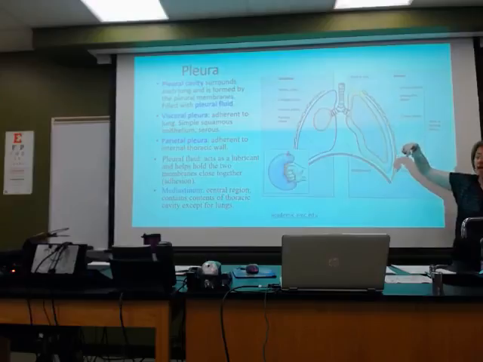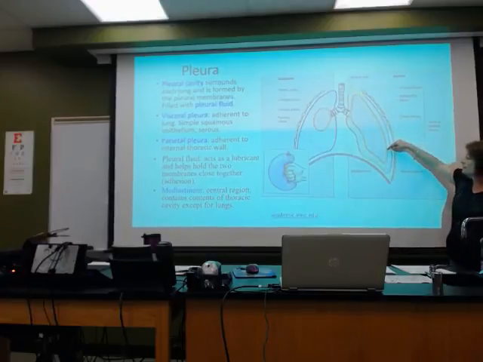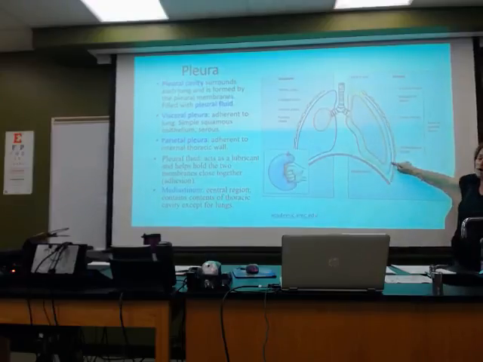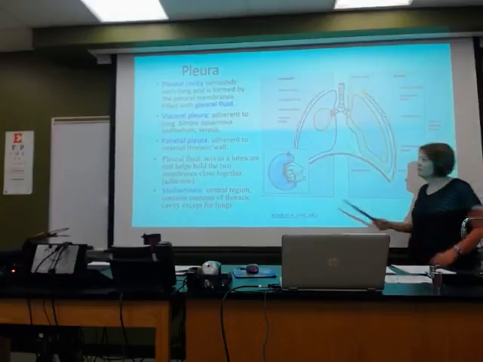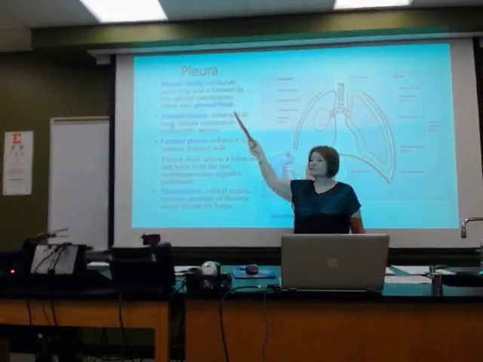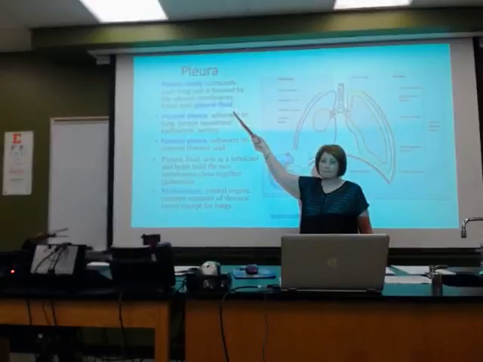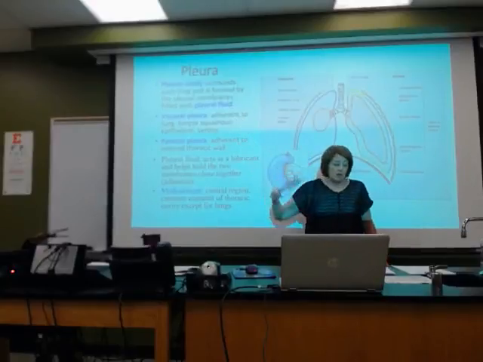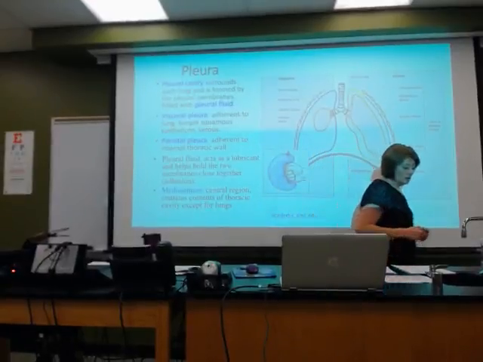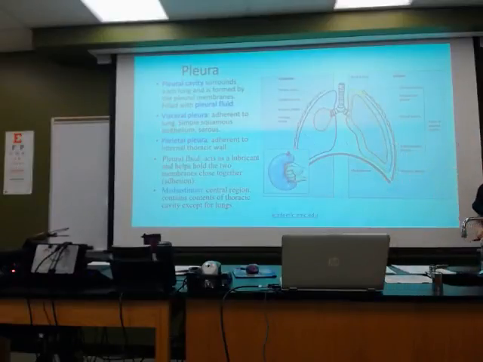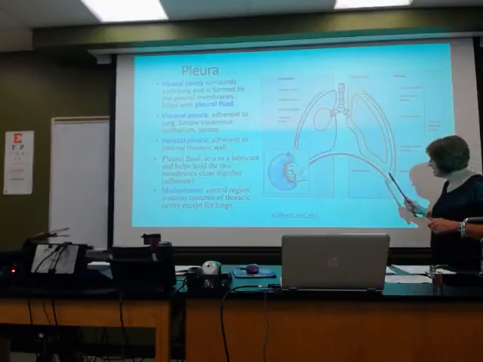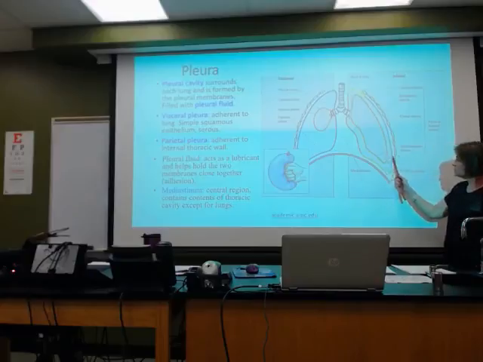And in between the visceral and the parietal, we're going to see it filled with pleural fluid. The pleural fluid is a fluid that's coming from these membranes, making them up, the visceral and the parietal.